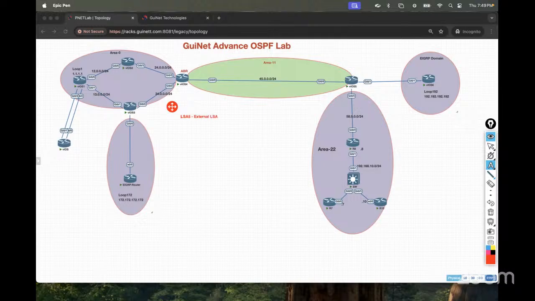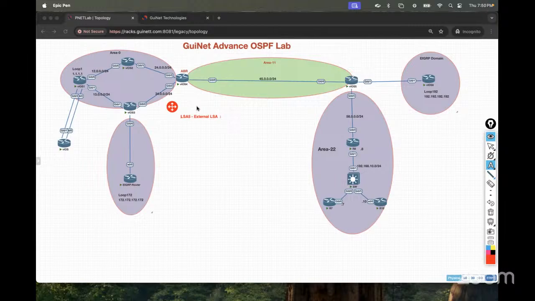Now the question is, who is going to generate the external LSA? We understand that LSA 4 is generated by the ABR, LSA 3 is also generated by the ABR, but who generates the LSA 5 information?